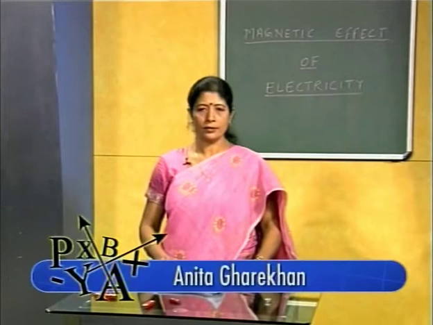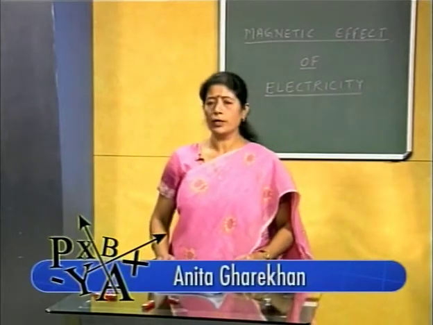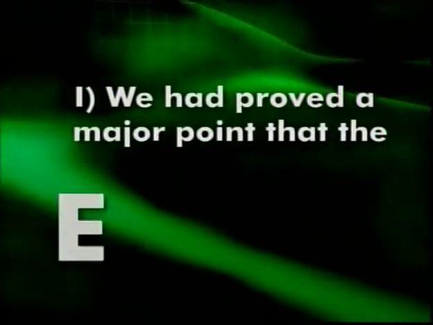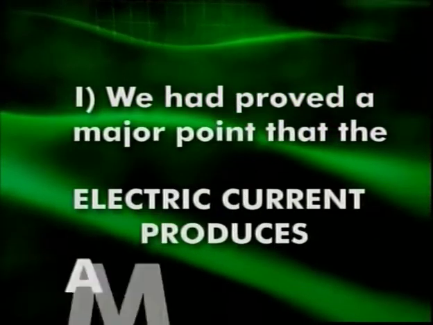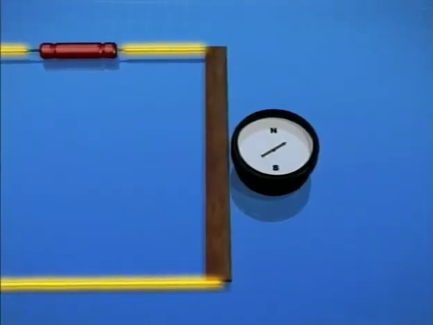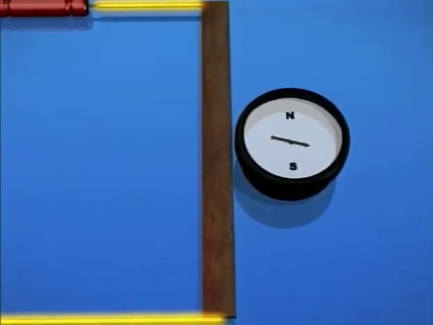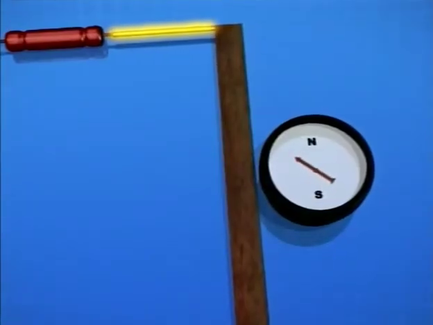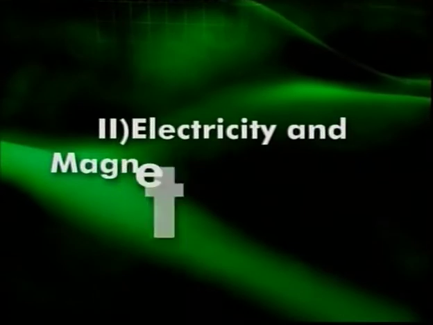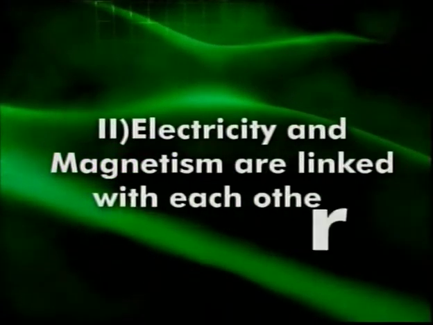Hello dear students. Before we start our work today, let us recap what we have learned till now from this lesson. First, we had proved a major point that the electric current produces a magnetic field. Second, electricity and magnetism are linked with each other.